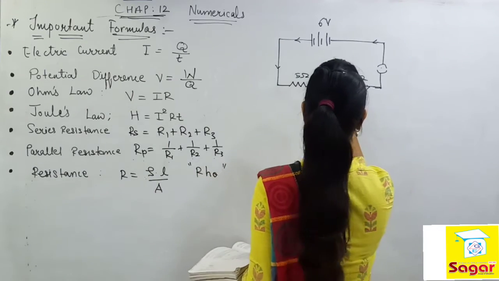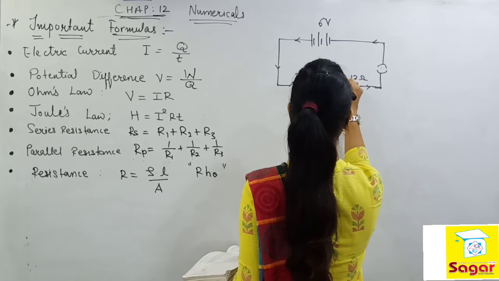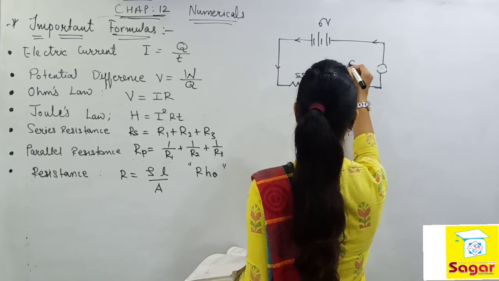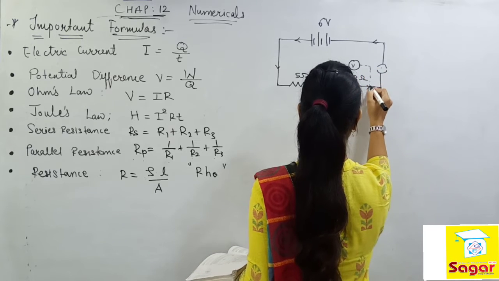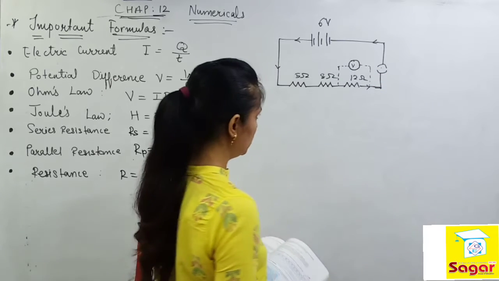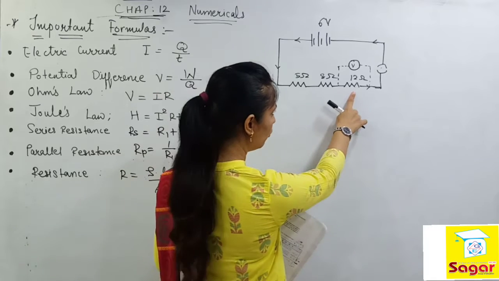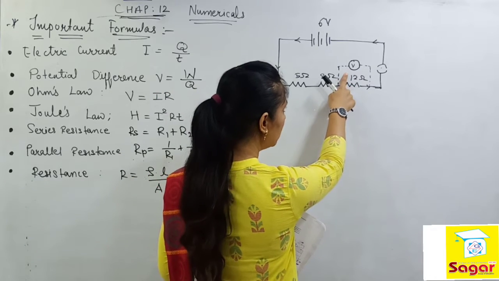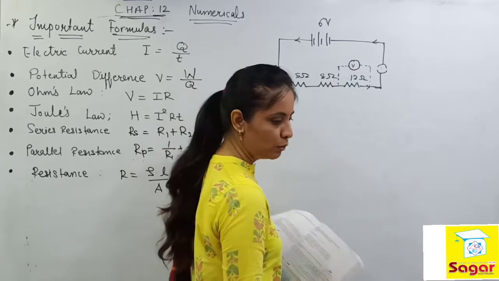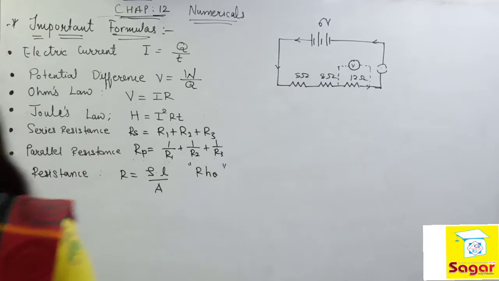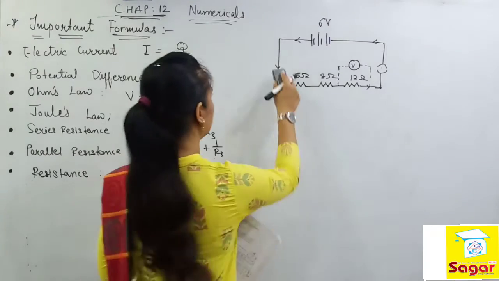So here we have to provide one voltmeter. So I am just connecting the voltmeter over here in this way, because the question clearly mentions that across the 12 ohm you have to provide the voltmeter and identify its value. We also have to provide an ammeter to identify the electric current flowing through the circuit.